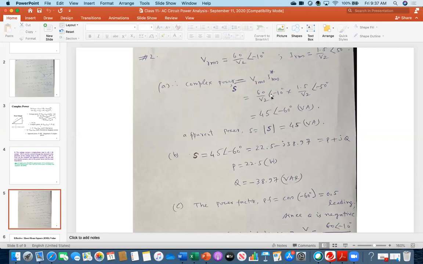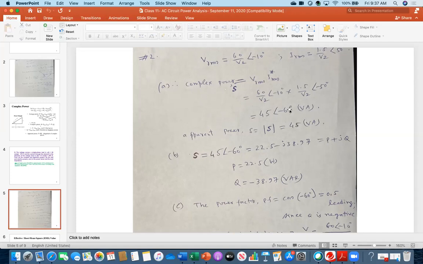Then just simple calculation: this multiplied by this gives 45, and the angle is 10 plus 50 minus 60. In the complex power expression you are getting the magnitude together with the angle. Therefore, in this format, this is the complex power, and the unit is still volt ampere. Everybody follow the unit, it is volt ampere.